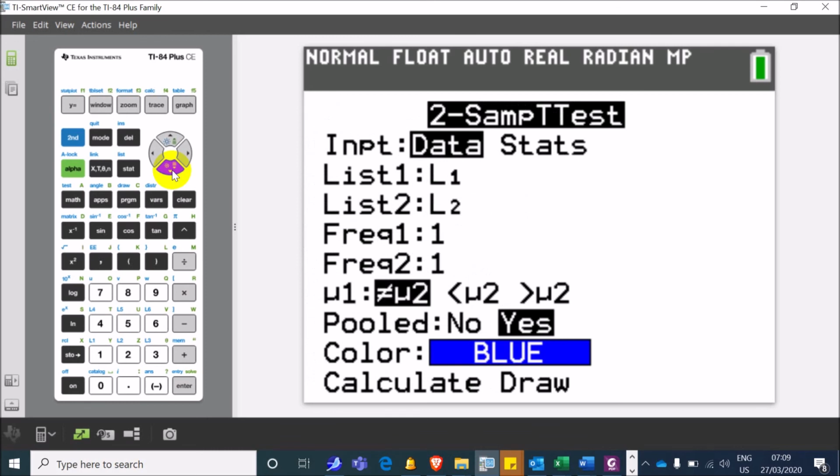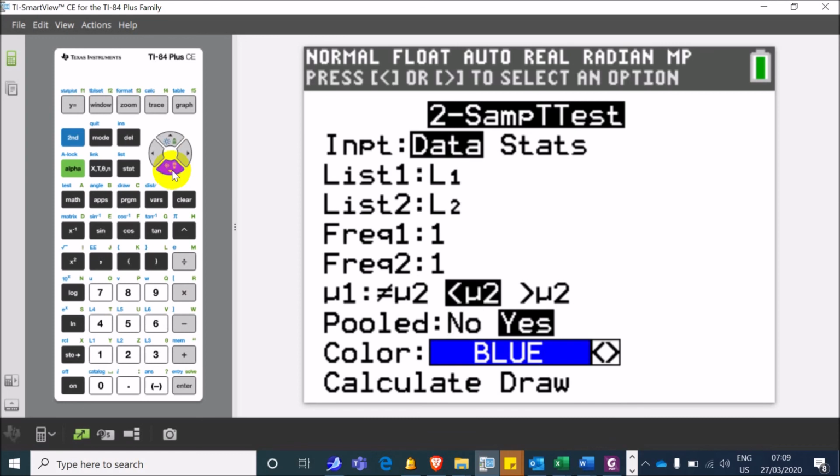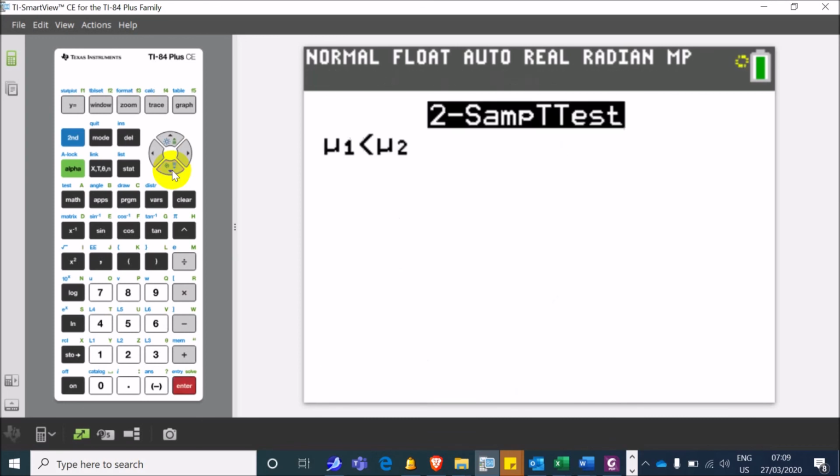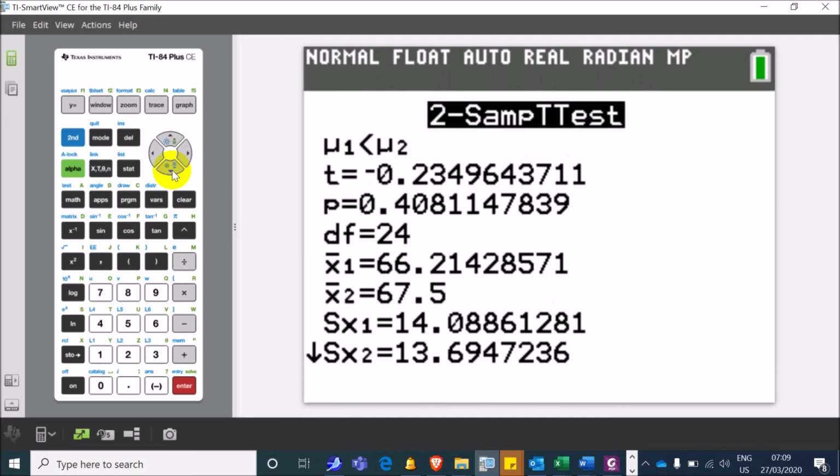You can do a two-tailed test. Let's now do a one-tailed test. Is the first mean less than the second mean? Don't worry about pooled, just put yes and calculate. Now I get a probability of 0.41, or 408.